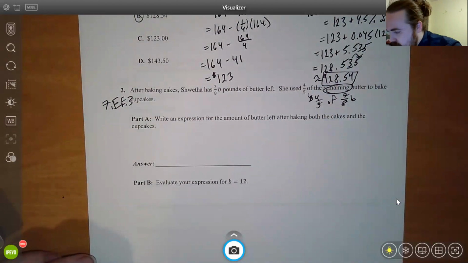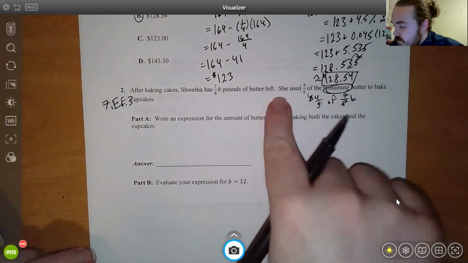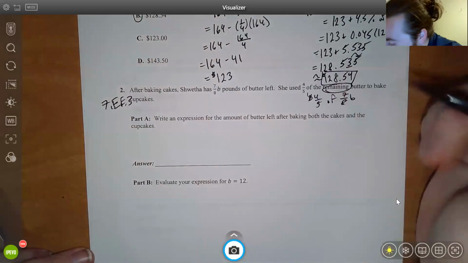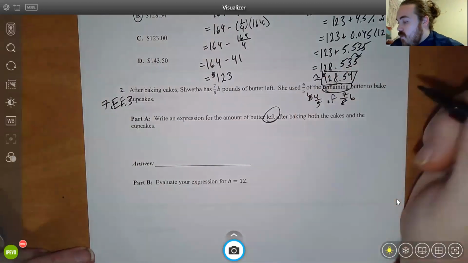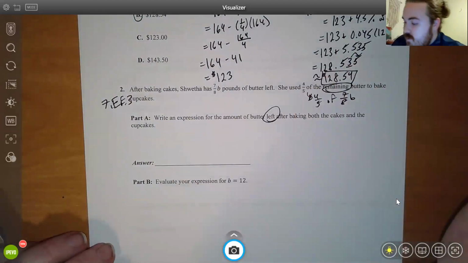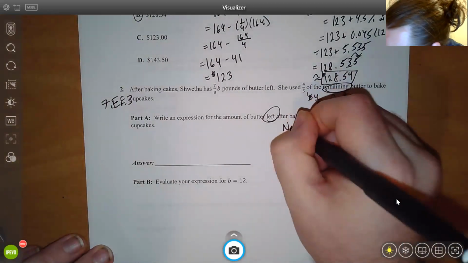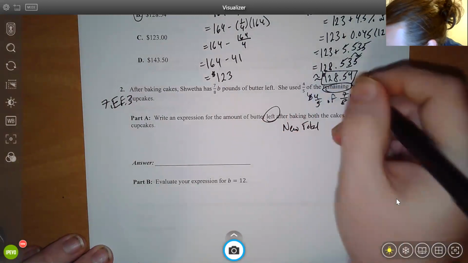All right. So now it says she has this amount of butter left. She used 4/5 of this amount to bake cupcakes. But how much butter is left after baking both the cakes and the cupcakes? So remember, the amount of butter left is basically the total, and we're decreasing, so we're using some of it.